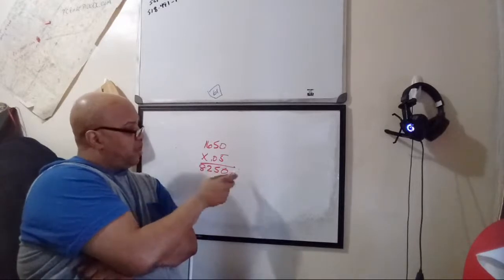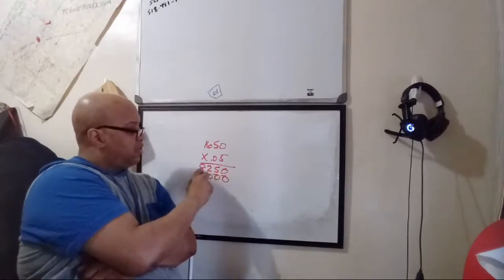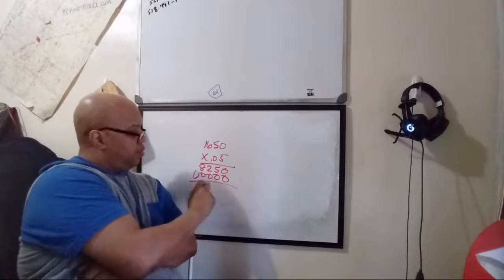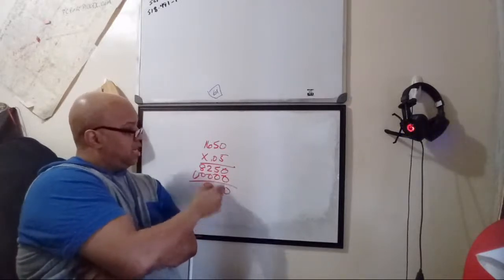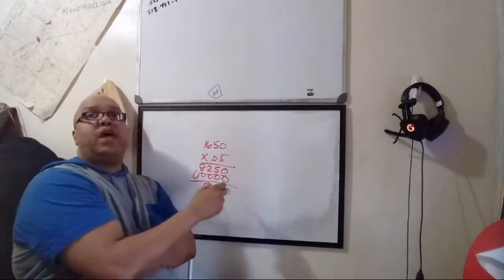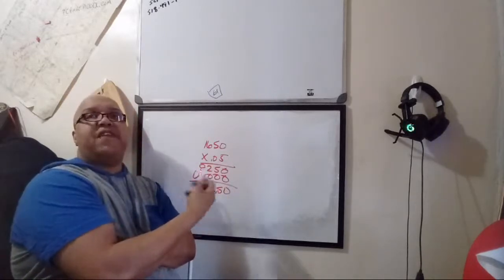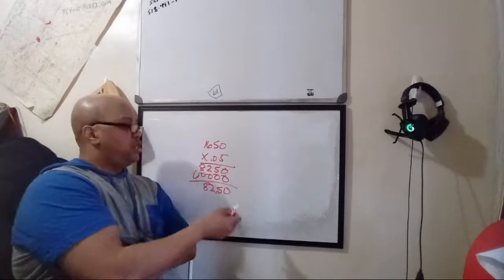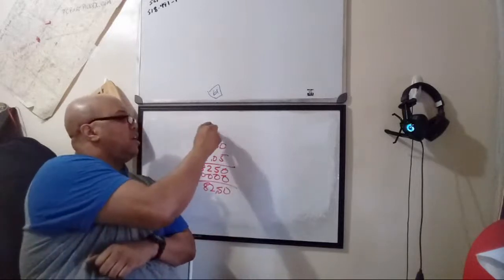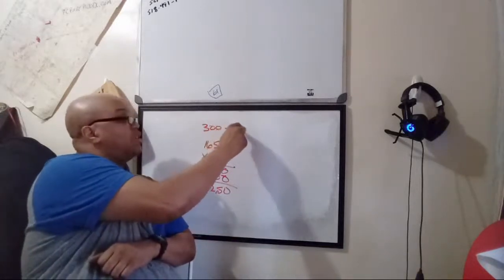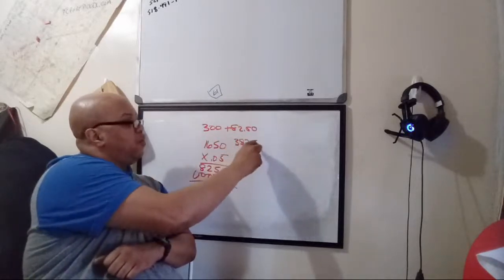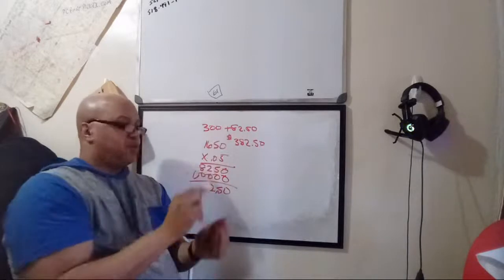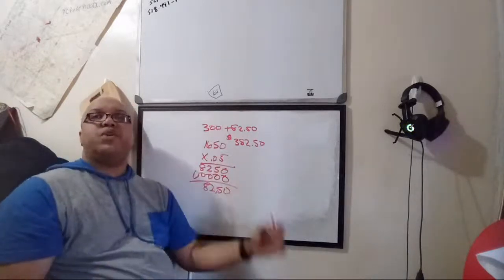The 0 line is just zeros. Boom, 8, 2, 5, 0. We have 2 decimal places to account for, so $82.50 is the commission. He will get $300 plus $82.50, which is a total of $382.50. So that's what his check will be.